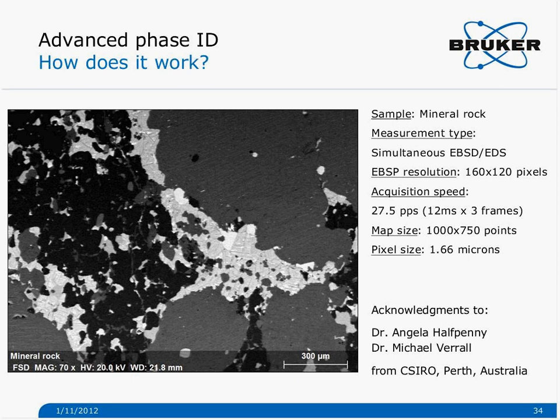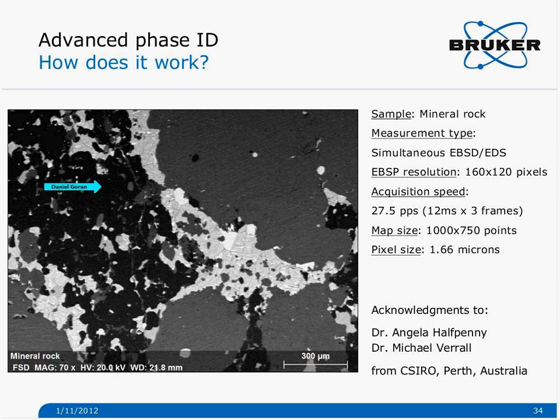And here you have a BSE image of a mineral, and before starting to give any other details, I would like to thank Dr. Halfpenny and Dr. Michael Verral from CSIRO in Perth, Australia, for generously providing the data set.